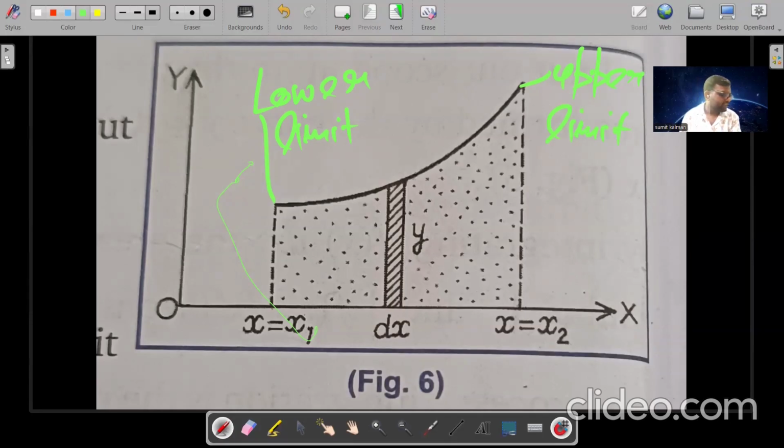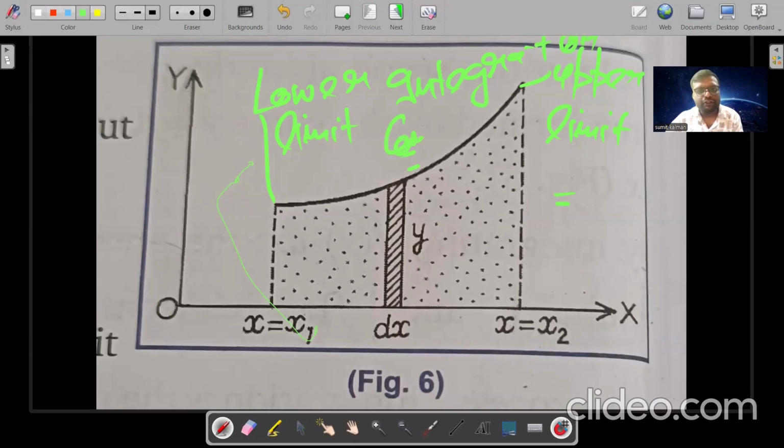And students, definite integrals are performed in the same way as indefinite integral, but there is only one difference. If we are evaluating definite integral, we have to evaluate it without adding integration constant.